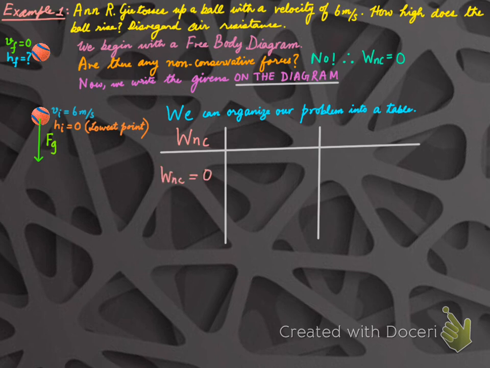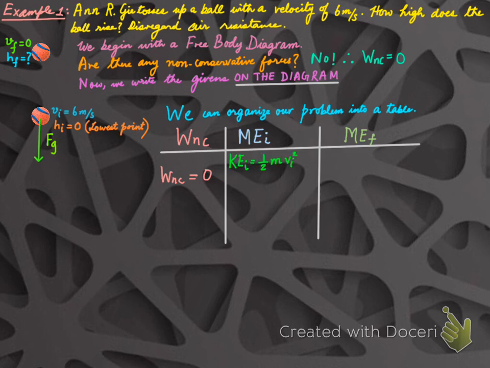In this particular problem, because there are no non-conservative forces, there is no non-conservative work. The second column has information for the initial mechanical energy. So here's where I list and calculate the initial kinetic and potential energies. And the third column is the final mechanical energy. Here's where I'll calculate the final kinetic and final potential energies.